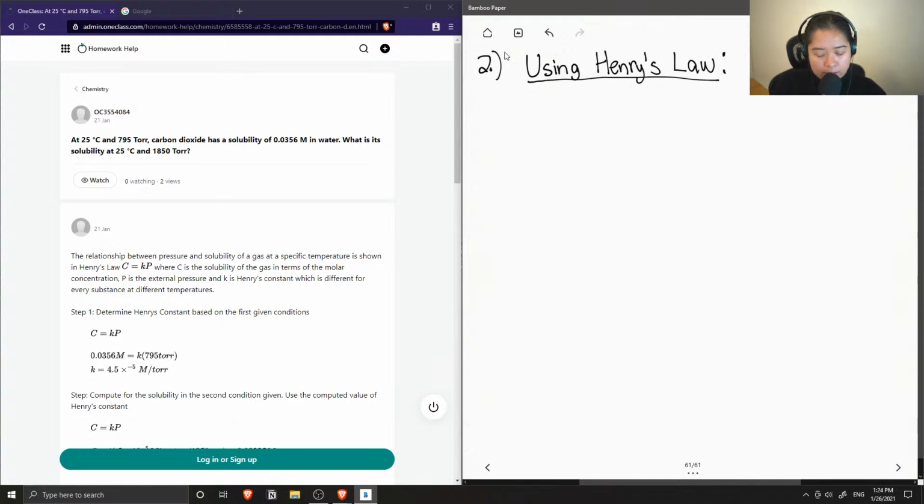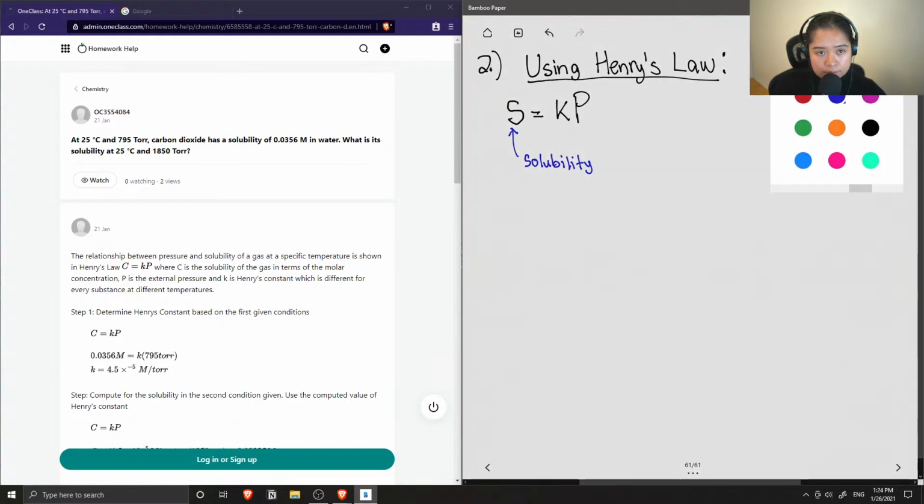So Henry's law is a pretty simple equation. It is S is equal to K times P. In this case, S refers to solubility. K will be referred to as Henry's law constant.